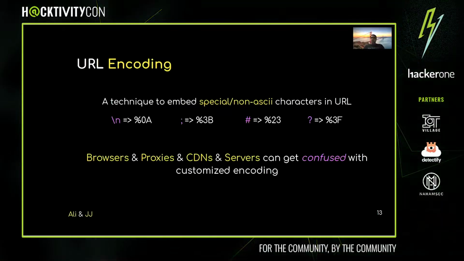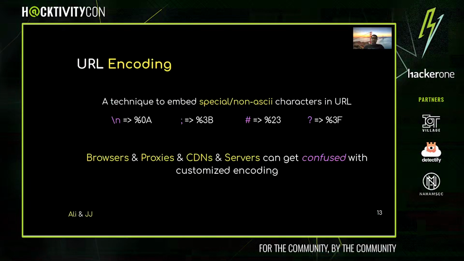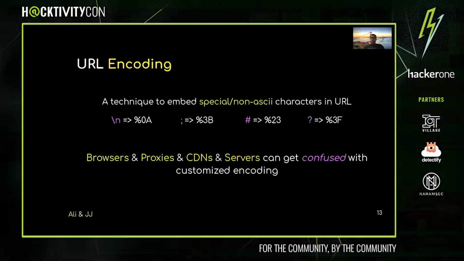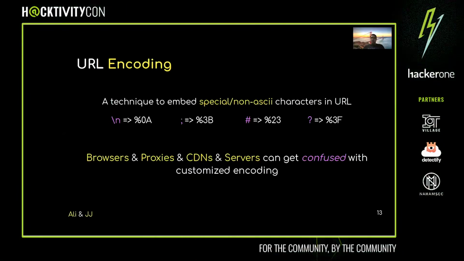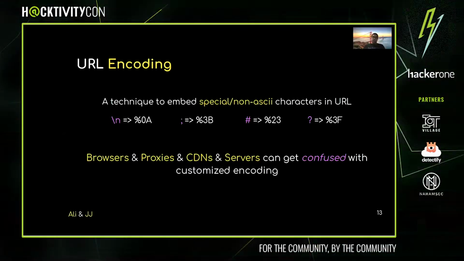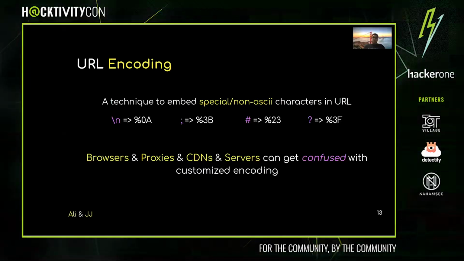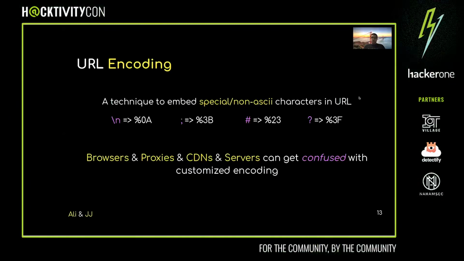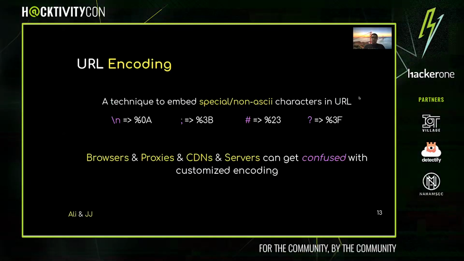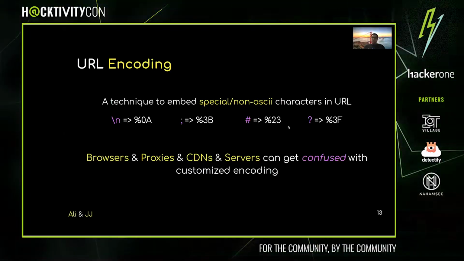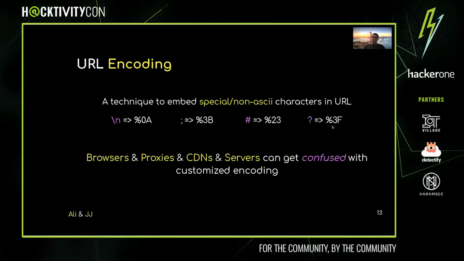There are a couple of special characters, such as semicolon and question mark, that have a special meaning in the URL. In order to put them into the URL as data, you need to encode them. And usually the encoding happens using a percent sign followed by the hexadecimal representation of the ASCII code of that character.